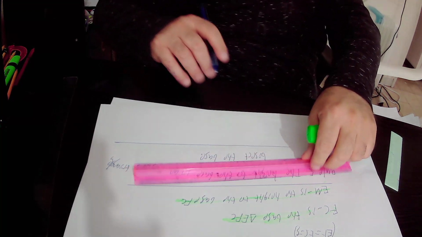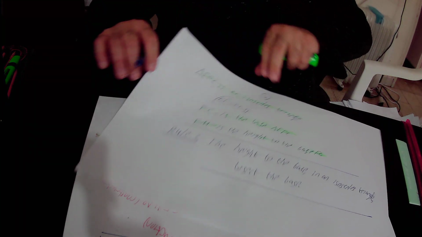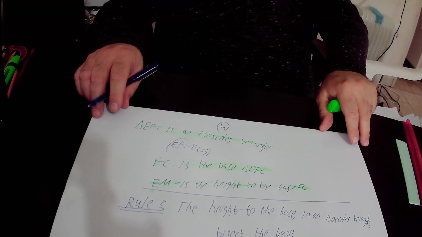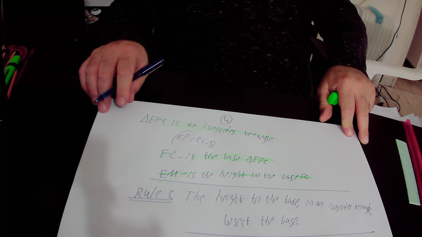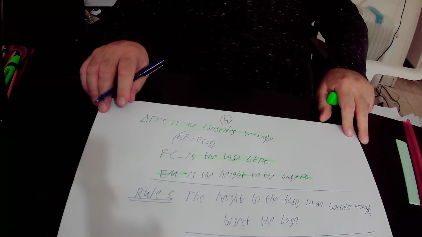So I'll read rule number 5 again. According to rule number 5, the height to the base in an isosceles triangle bisects the base.